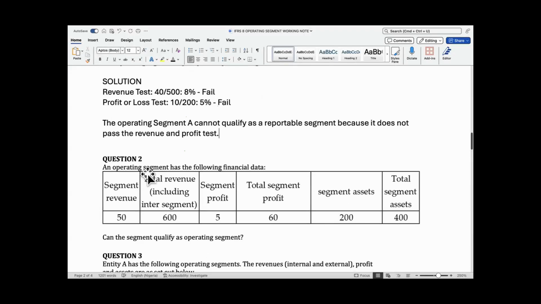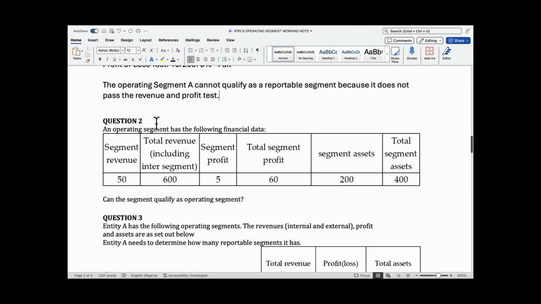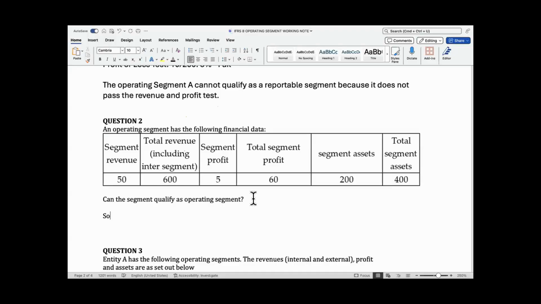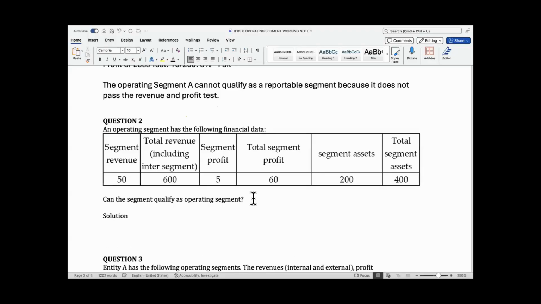Question 2 says an operating segment has the following financial data: the segment revenue, total revenue, segment profits, total profits, segment assets, total assets. Can it qualify? I will do the revenue test. The operating segment revenue is 50. The total segment revenue is 600.